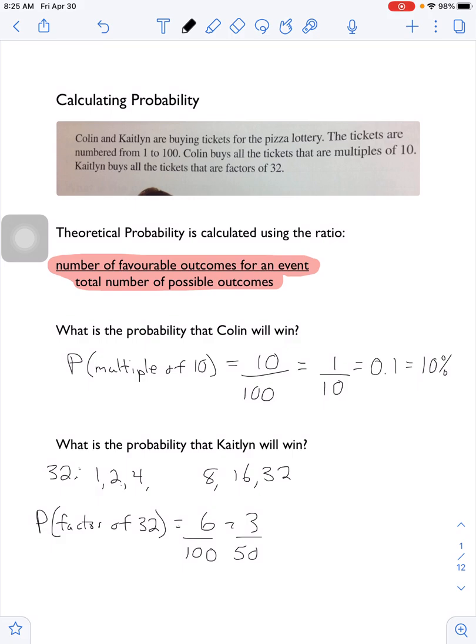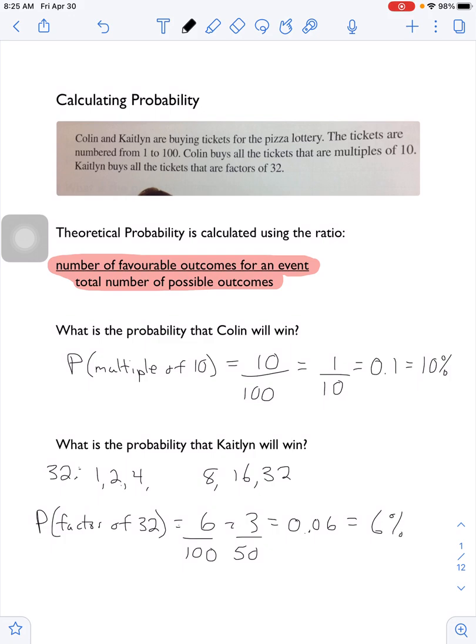All right, so that's the lowest terms for a fraction. In terms of a decimal, I'll use my calculator here. 6 divided by 100. It'll be 0.06 as a decimal, and that is equal to 6%.